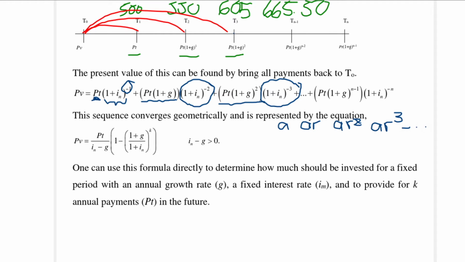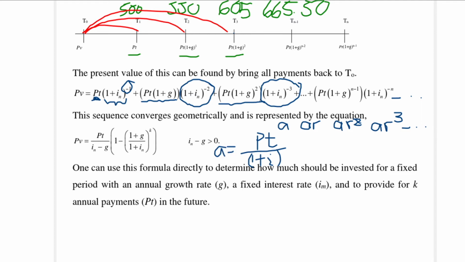If we look at this expression for the present value of a growing annuity, our first term will be a. So our a will be the original payment times (1 plus i) to the minus 1, or we can just divide it by (1 plus i). That will be our a.